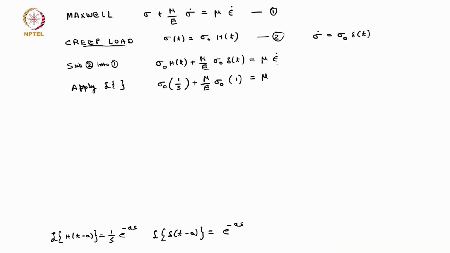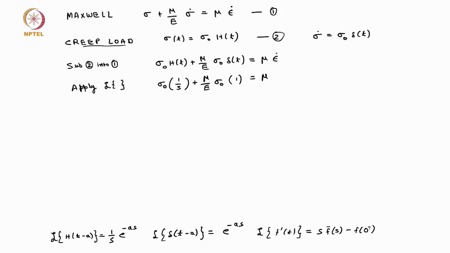Now let us look at the Laplace transform of the strain rate. The Laplace transform of a time derivative of a function, f dash of t, we have earlier shown, is s times the Laplace transform of the function minus the function at time 0.